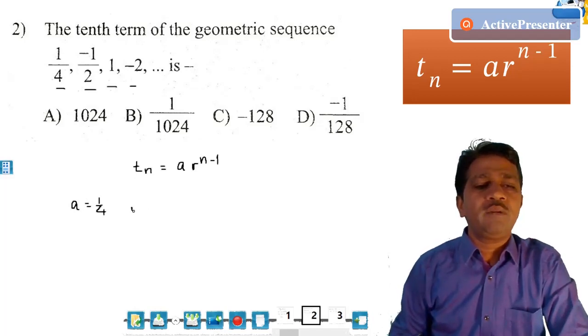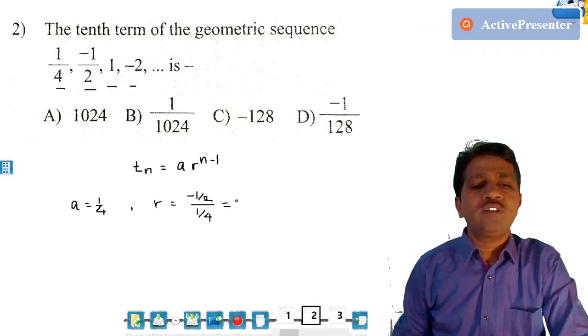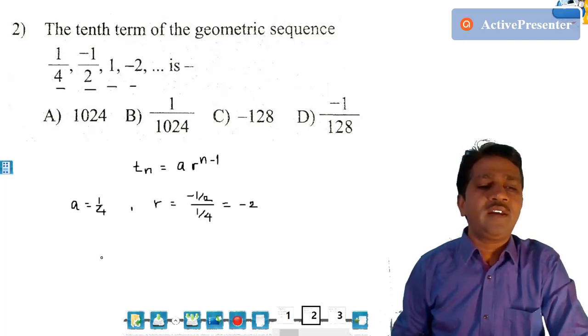It is given in the question that it is a GP, so we need not check whether it is a GP or not. So take the ratio of the second term to the first term, which will give me the common ratio. This 4 goes in the numerator, and you will get minus 4 by 2, which is minus 2.